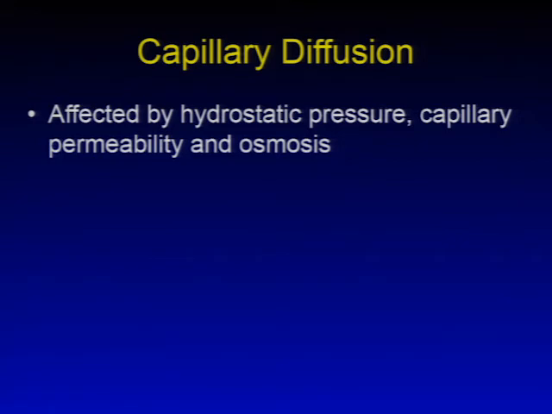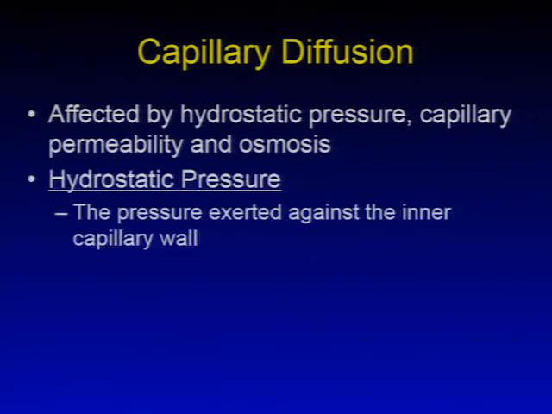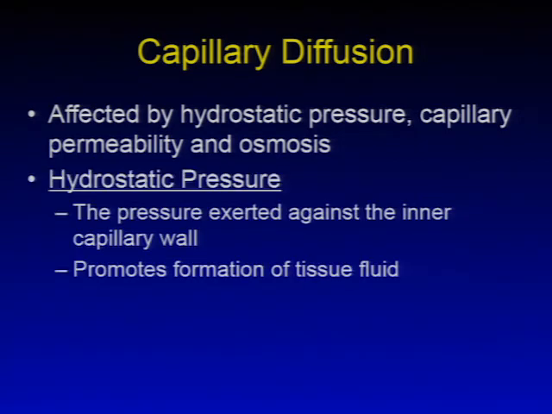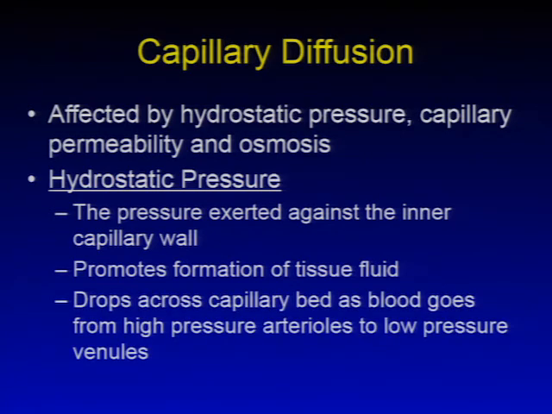Capillary diffusion. When we talk about this, we have to talk about Starling's law. It's affected by not only the capillary permeability, but also hydrostatic pressure and osmosis. Hydrostatic pressure is the pressure exerted against the inner capillary wall, and it promotes formation of tissue fluid or fluid extravasating from the capillary walls.